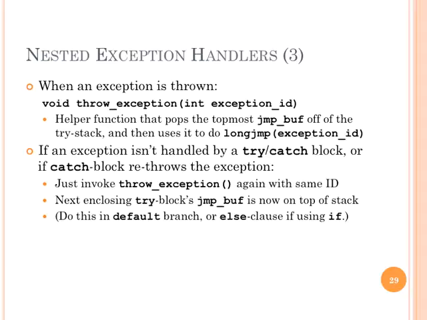Now you may have a situation where inside of that try catch, it doesn't handle that exception. Well, that's okay. What you do is you propagate out of that try block. So again, you pop another jump buffer off and you long jump to that one. So you just keep propagating through all the try blocks that you might be nested within. Okay.